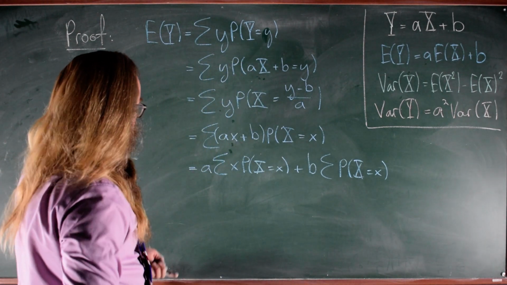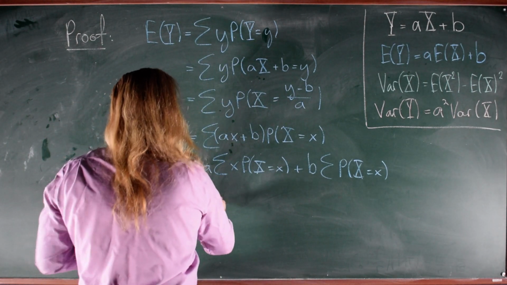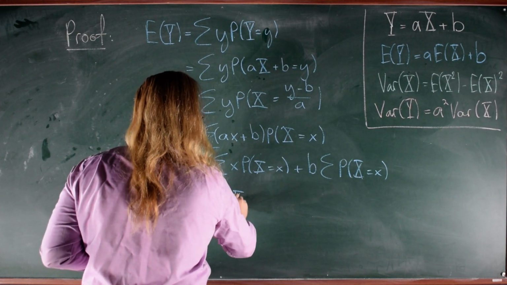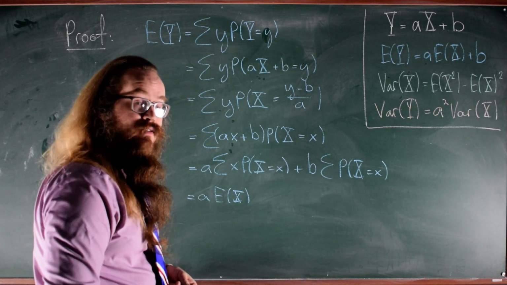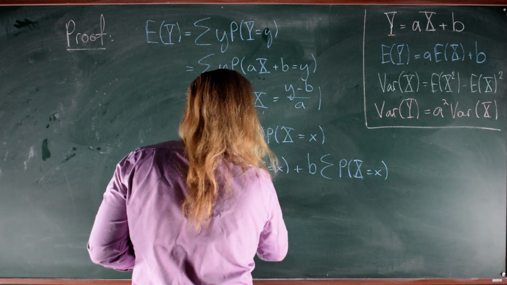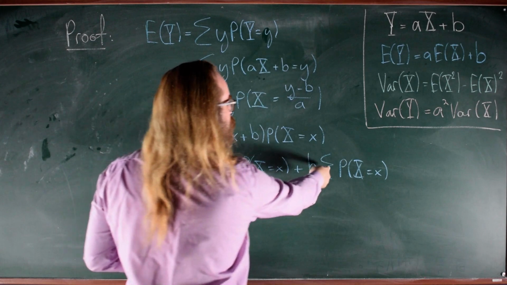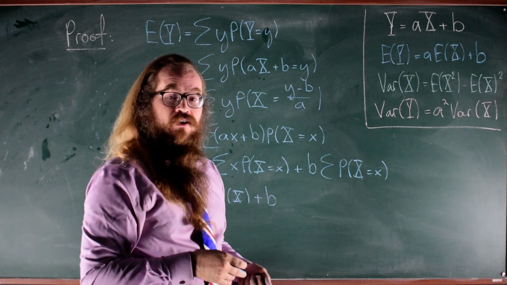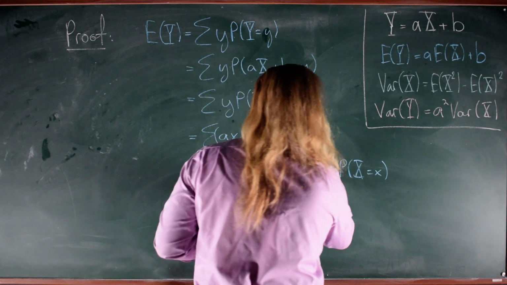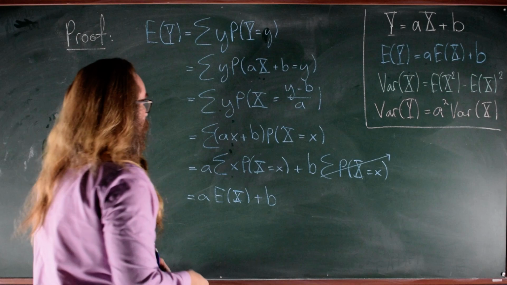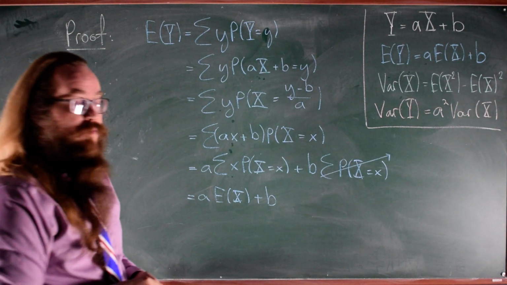Well, this is equal to a times this, which is exactly the expected value of x. That's the definition of the expected value of x. Well, what happens to the second sum here? Well, this is the sum of all the probabilities of x. But as I often say, something has to happen. So this will be 1. So that's why we end up with this beautiful result.